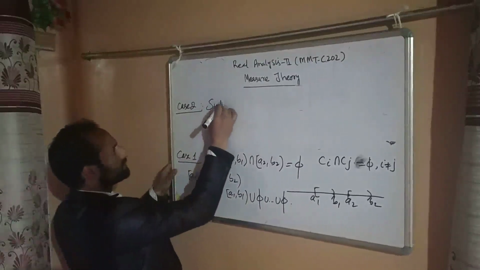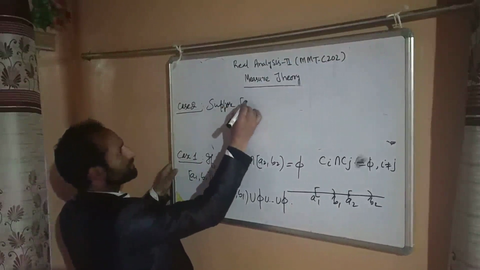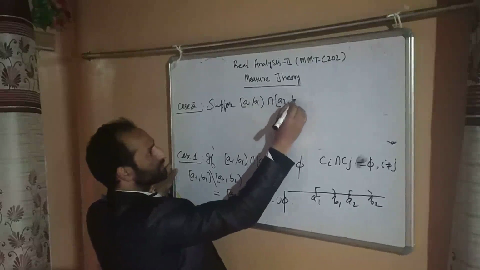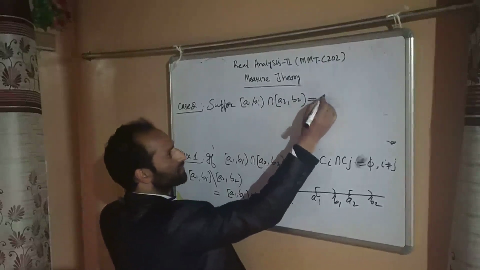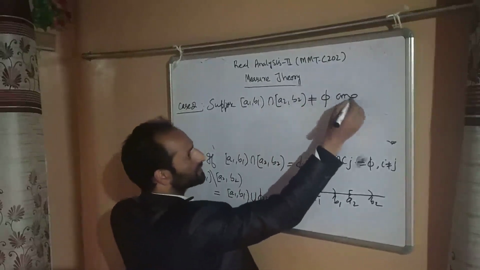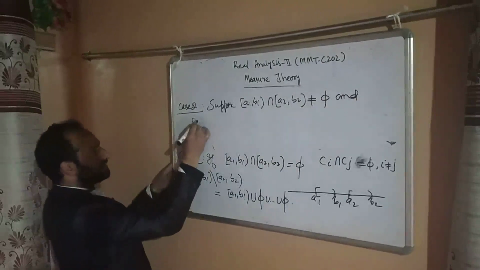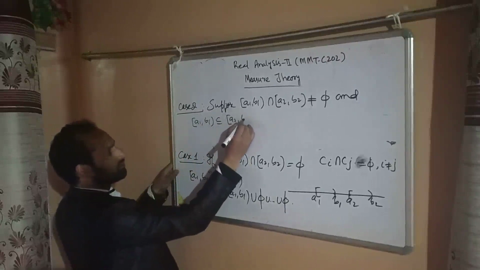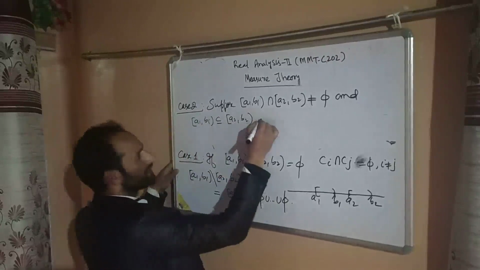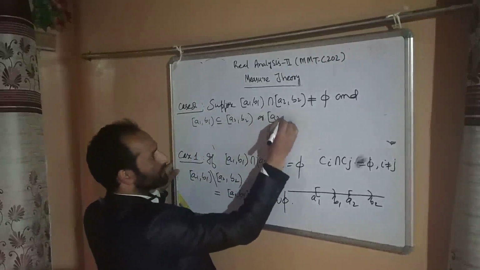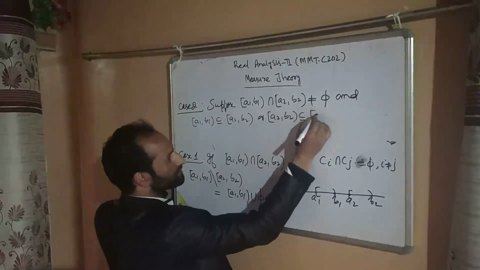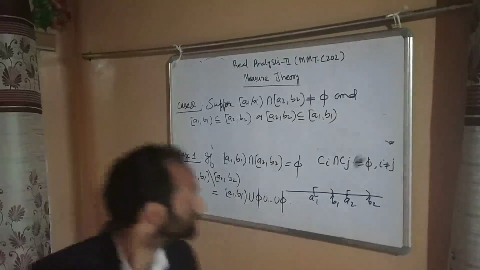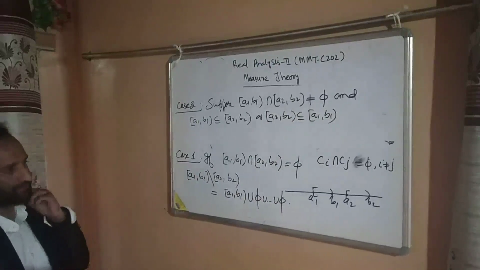Suppose A1 B1 intersection A2 B2 is not equal to phi, and one of them is contained in the other. That is, A1 B1 is a subset of A2 B2, or A2 B2 is a subset of A1 B1. That's case number 2.